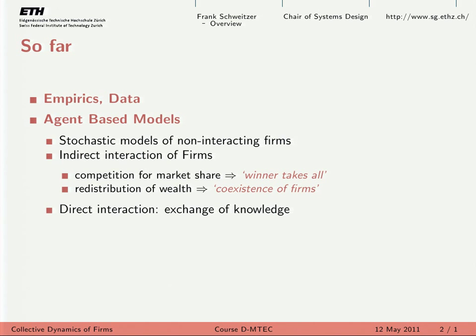So this is a nice intermediate result, but it doesn't reflect the state of an economy where we have small and big firms coexisting. So in the next step, we tried to add assumptions about interaction that result in coexistence of firms. And we did this with 2 different models.